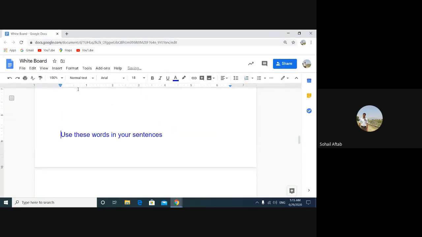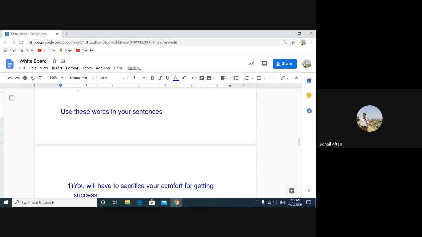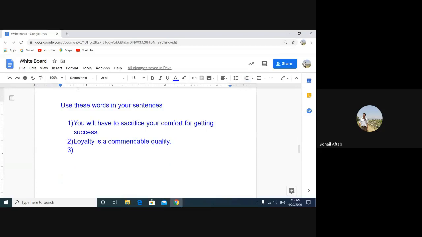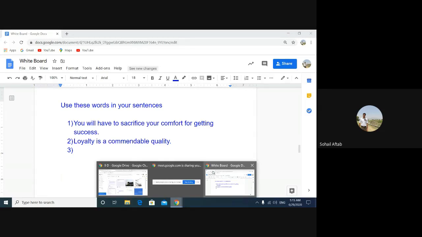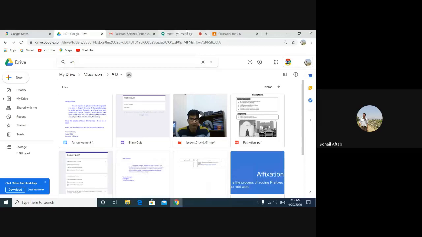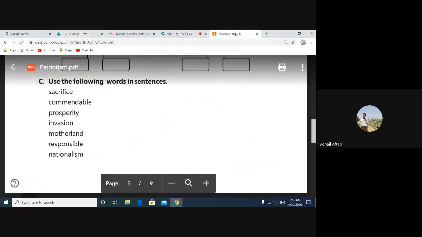Let's take it to the next page so that you may read it comfortably. Number three, prosperity.